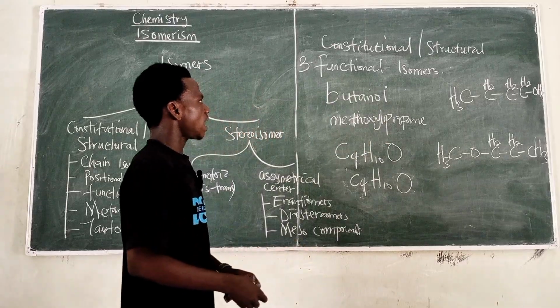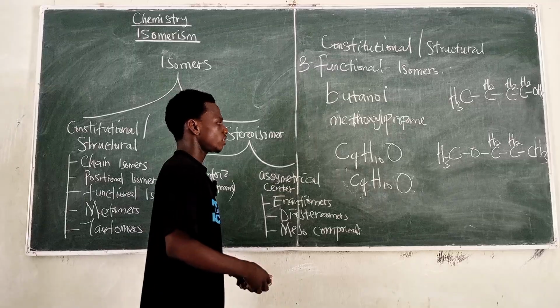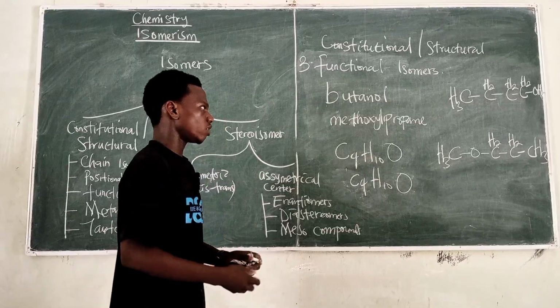So functional isomers are isomers that exist between different functional groups.